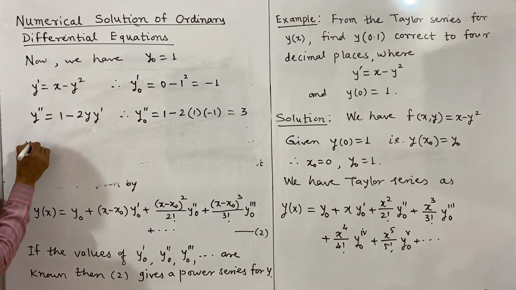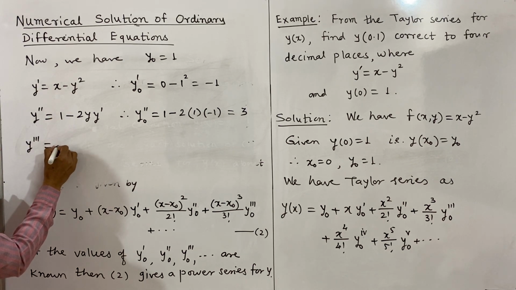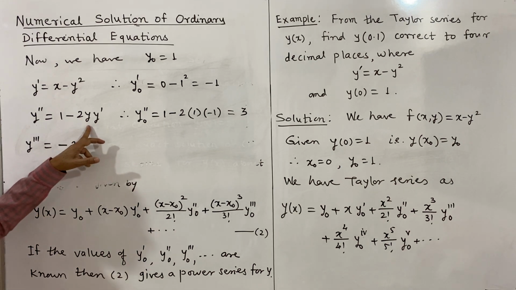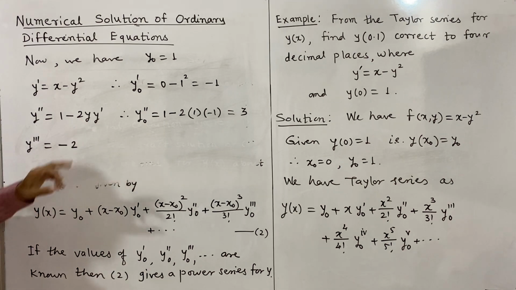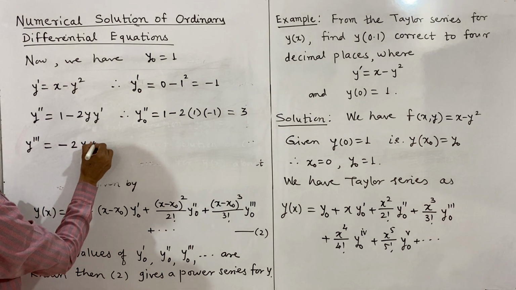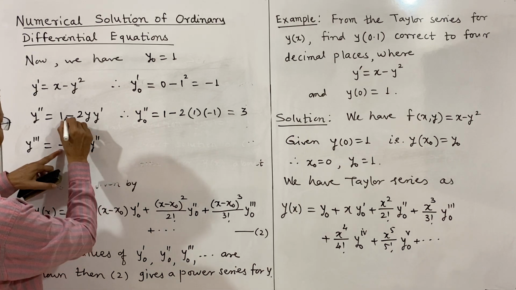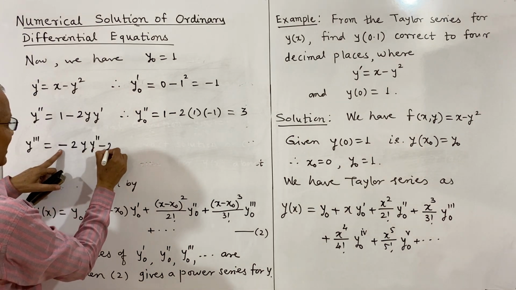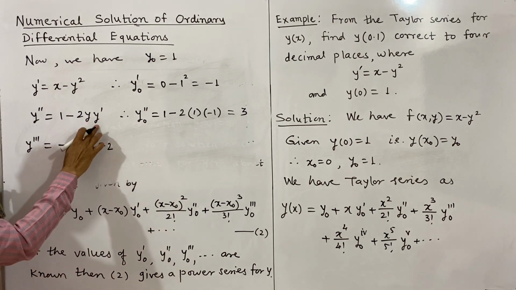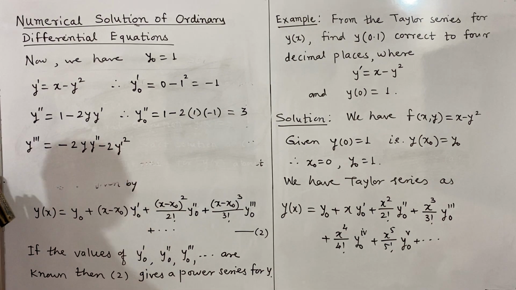Next, the third order derivative is from this. It is 0 minus 2, and we have to use the product rule here to differentiate this y into y dash. So the first function is y, times the derivative of the second, which is the second order derivative of y, plus, because there is a minus sign it will be again minus 2, and the derivative of the first function is y dash into y dash, and that will be y dash square.